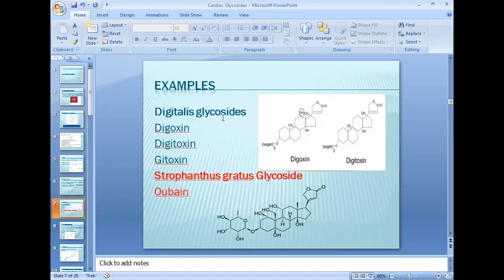It includes digitalis glycosides, which include digoxin, digitoxin, and gitoxin, and another plant, Strophanthus kombe, also has a cardiac glycoside, ouabain, all having a 5-member lactone ring at carbon 17 and a sugar molecule at carbon 3.